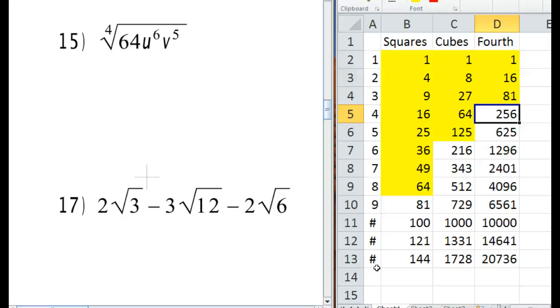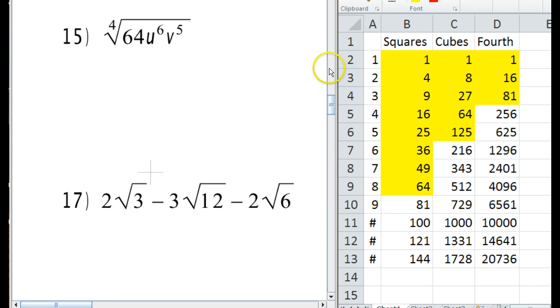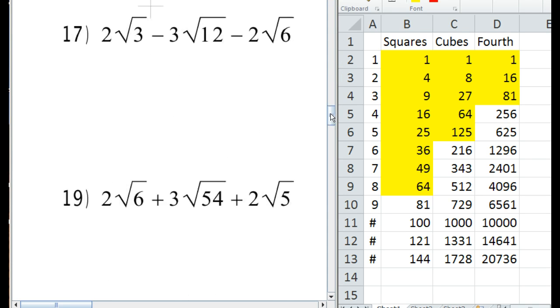Ready? Okay. So let's take a trip down memory lane and switch gears to adding, subtracting.